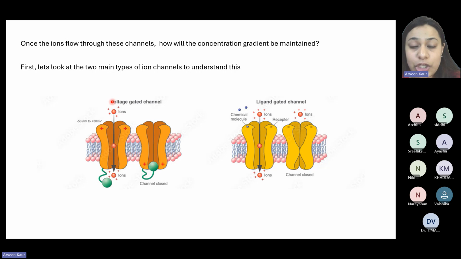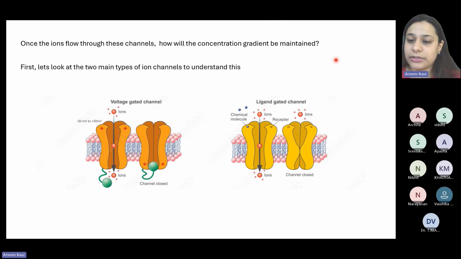Now say that a lot of positive ions have moved across it, such that the voltage has become plus 32 millivolt, right? So automatically the channel will close. It will no longer remain open. Similarly for ligand gated channels, as soon as this chemical molecule or ligand is gone, it is finished.